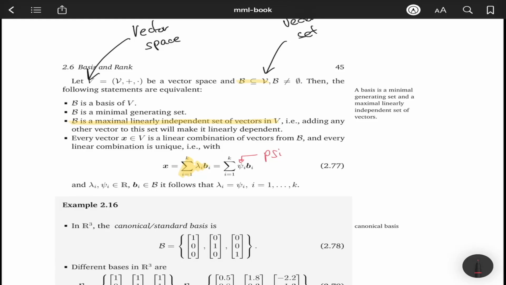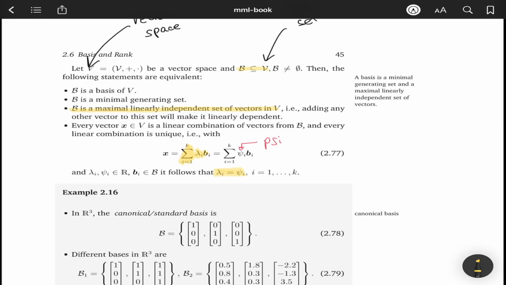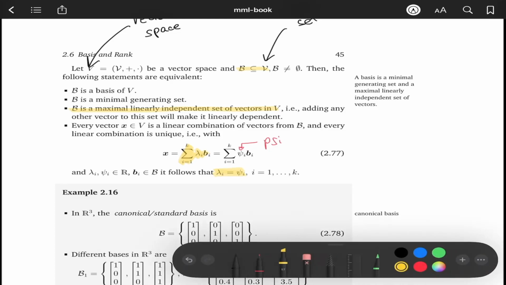You construct it using lambda, which is a vector, 1 to k, and you have C. But if you have the same resulting vector x, that can only be if lambda and C are the same. There's no other way. Oh yeah, that's what they're saying here. I was confused. I was like, huh? If they're the same, then lambda and C have to be the same, but I couldn't find it. Yeah, they have to be the same, and it makes sense.